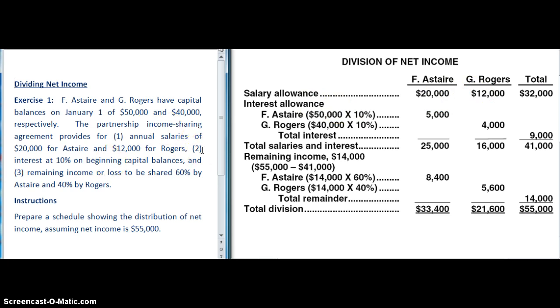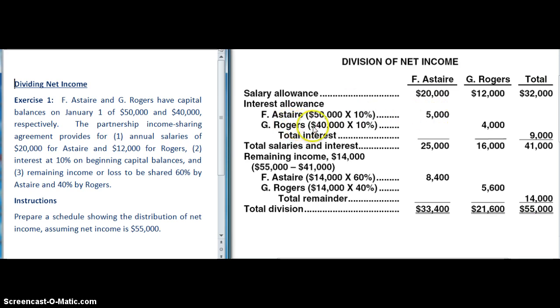The second part of the information says interest at 10% on the beginning capital balances. Now let's look at the beginning capital balances. The beginning capital balance is 50,000 for Astaire and 40,000 for Rogers, and the interest is 10%. So write interest allowance, and under that for Astaire, $50,000 capital into 10% is the interest, which is 0.1. 50,000 into 0.1 will give us 5,000.